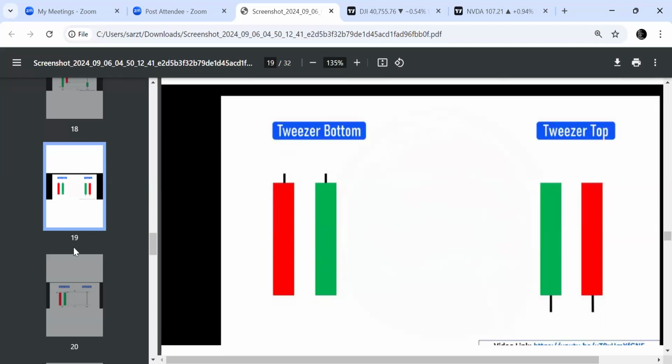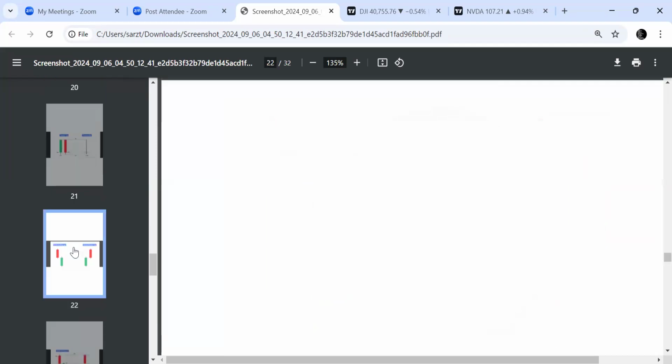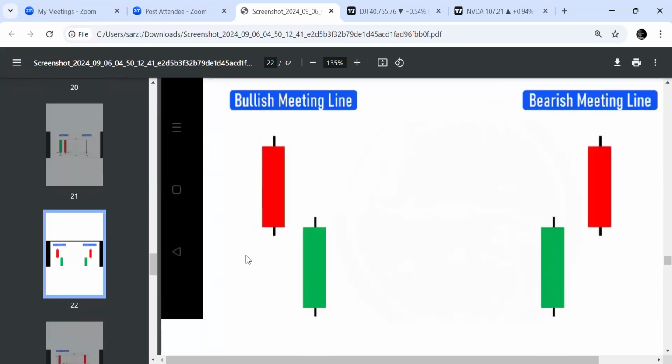It needs to form the complete reversal candle, and then in bullish meeting line and bearish meeting line, again it is also the same as piercing line and dark cloud cover. The only difference is that in those, 50% of the candle has to be formed, whereas in bullish meeting line it is not.